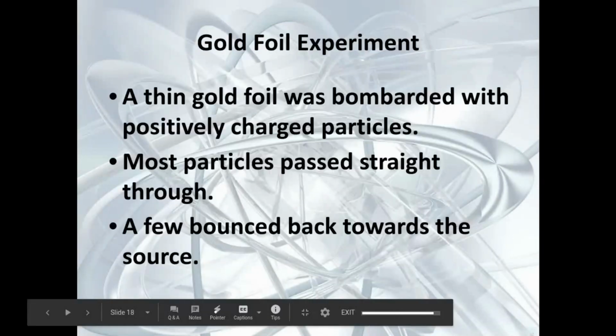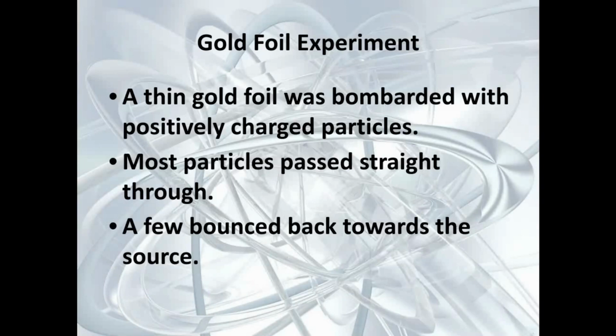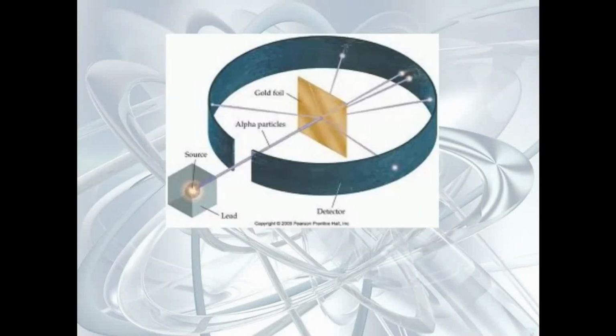So by doing the gold foil experiment, they saw that most of the particles went through, but every once in a while one would bounce back. And so when they saw that just very few bounced back, that meant that those masses that they were hitting were spread out far apart from each other.